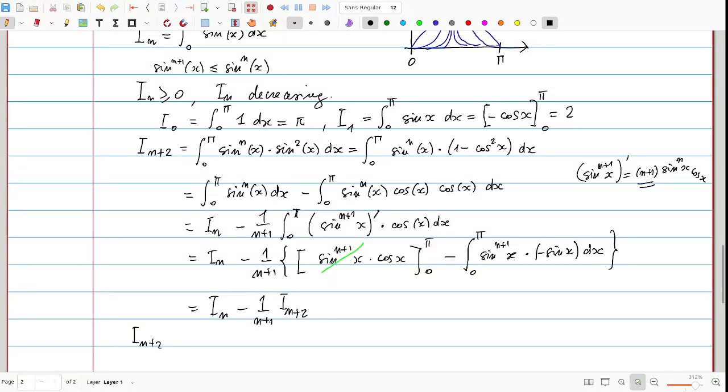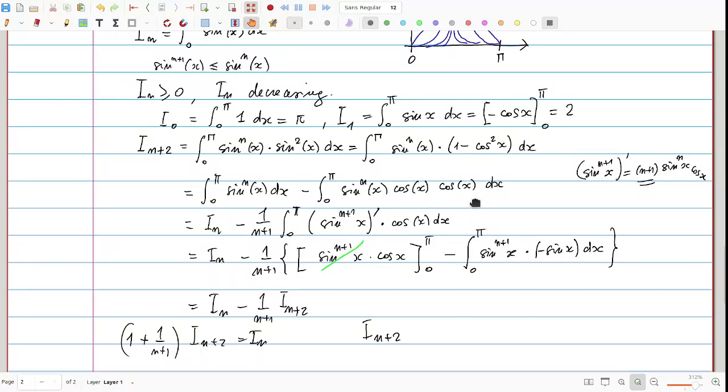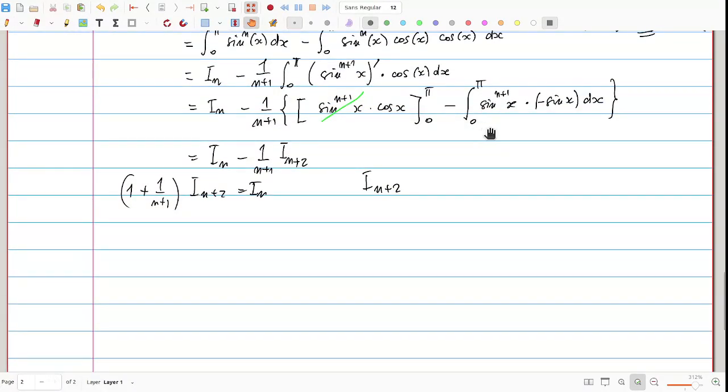So we find that we have 1 plus 1 over n plus 1, times I(n+2), equal to In, which means that we have this recurrence formula. I(n+2) is equal to 1 over 1 plus 1 over n plus 1, so let's write it differently.